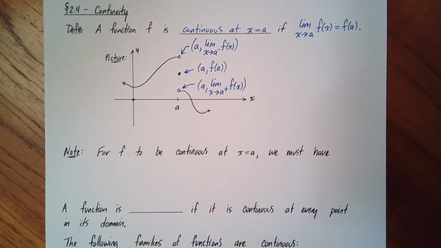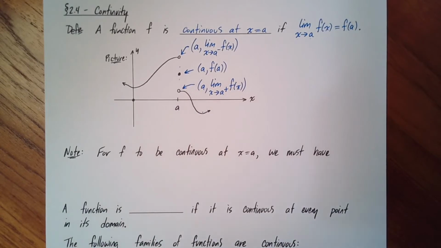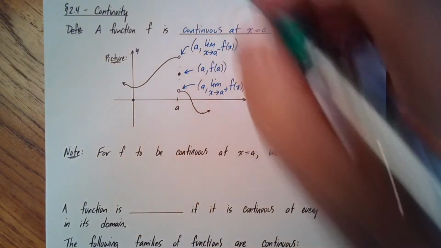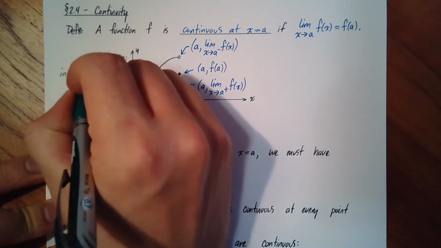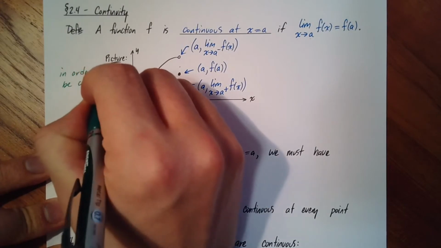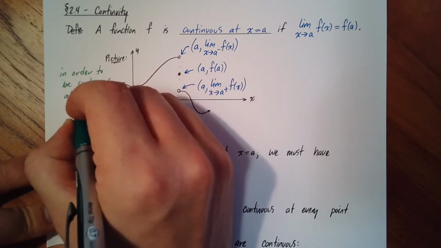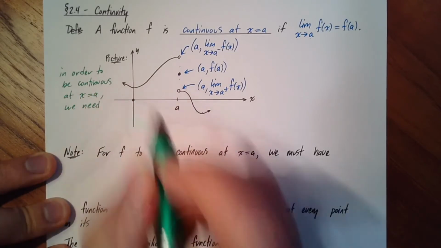You probably expect that all three of these things would need to be connected somehow, right? Let me add a comment over here. In order to be continuous at x equals a, we need the following.